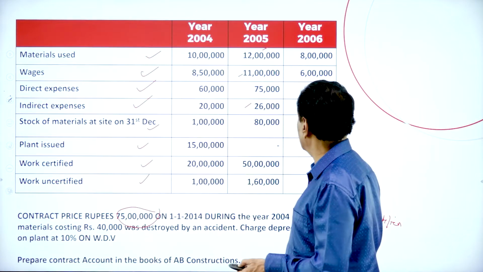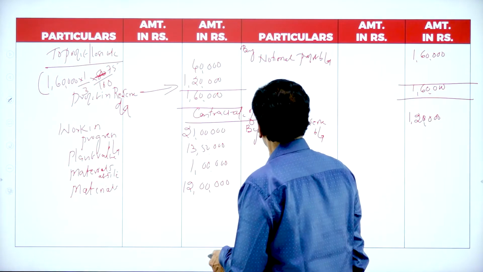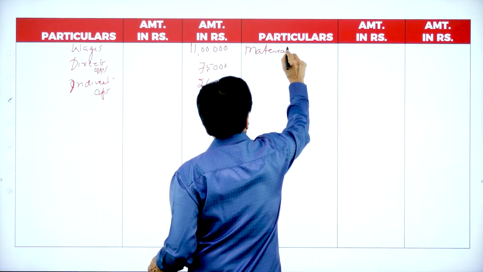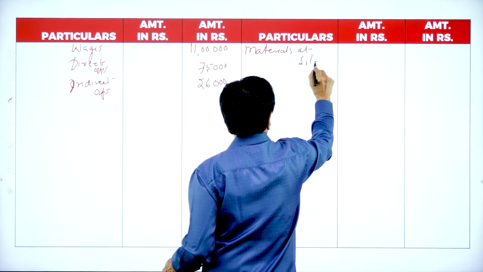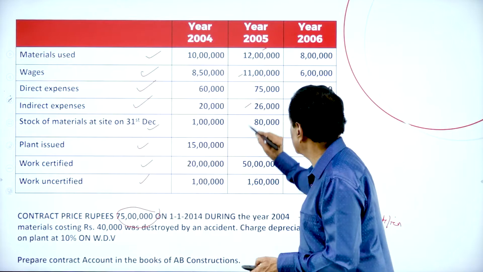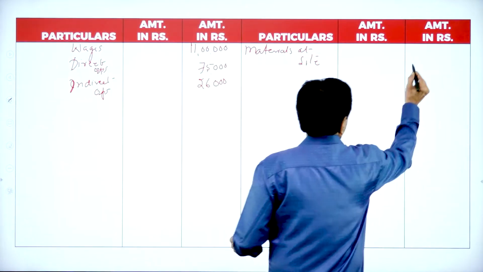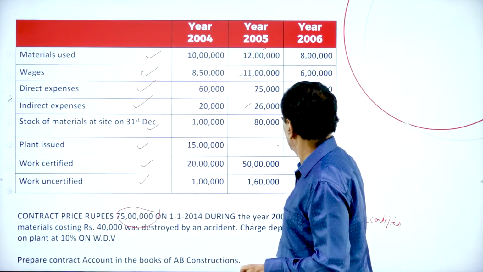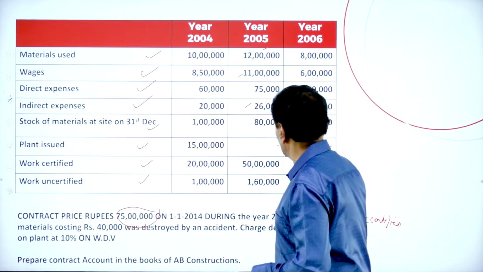What is the material at site? By materials at site. How much material at site? 80,000. What next? So this is over. Plant issued gone. What is it?